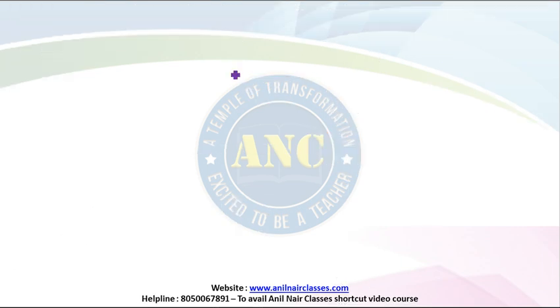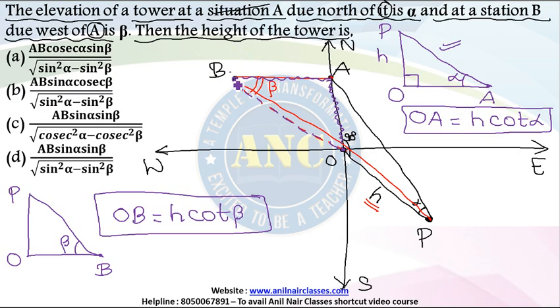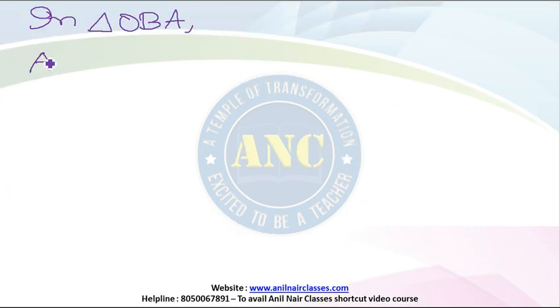Simple, right? There is a triangle called OAB or OBA. That is a right angle triangle. What is the hypotenuse, sir? OB is the hypotenuse. Other two sides are AB and OA.